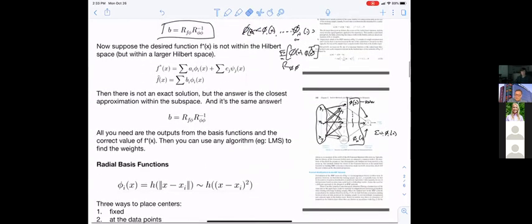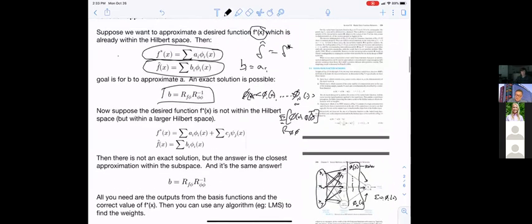So function approximation within the Hilbert space is like saying, suppose my desired function is a neural network. Suppose it actually is built from a connectionist network, and I'm just trying to find out the weights in this network. You handed me a network with weights in it that I don't know, and my goal is to find those weights.